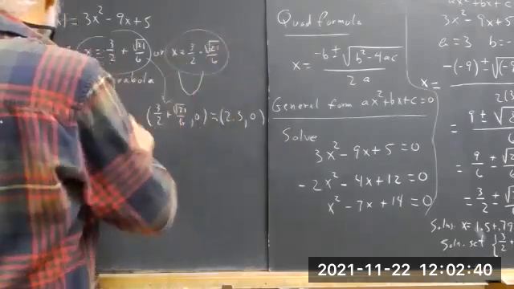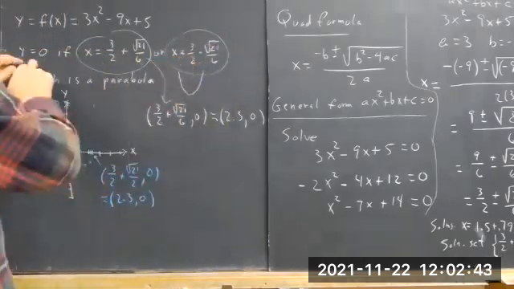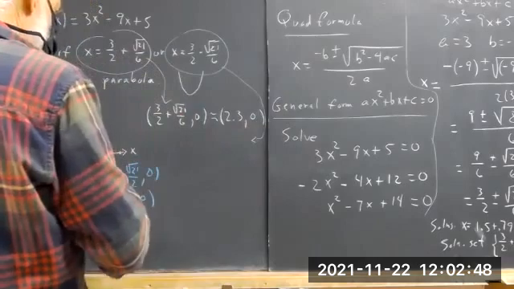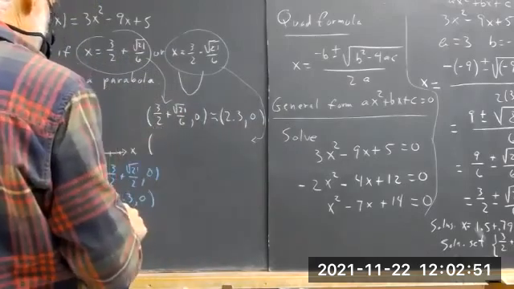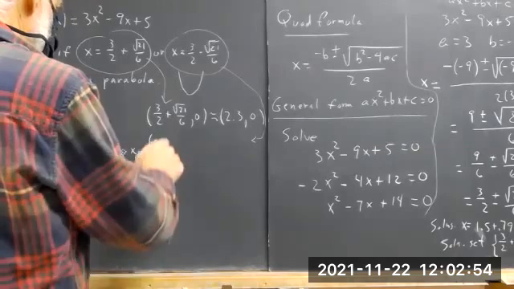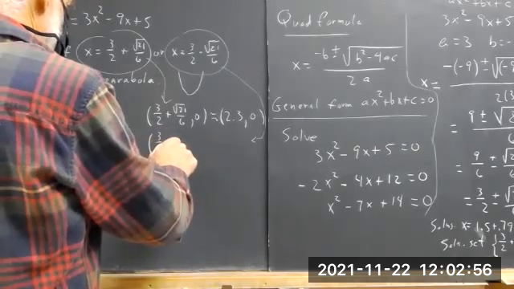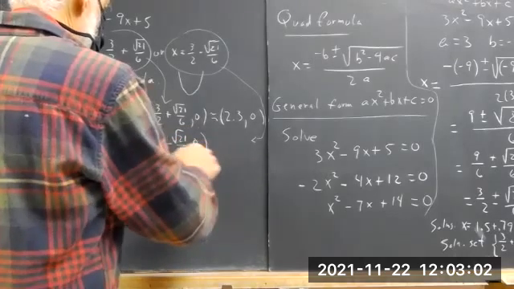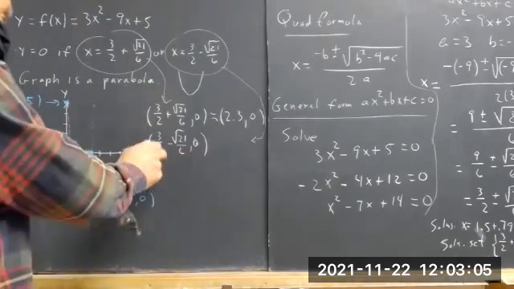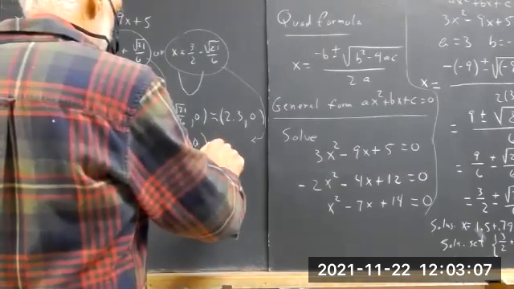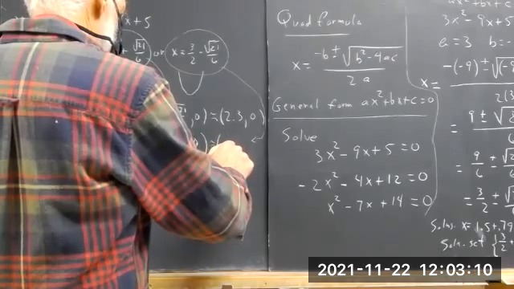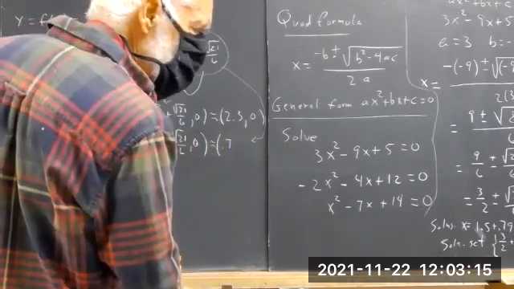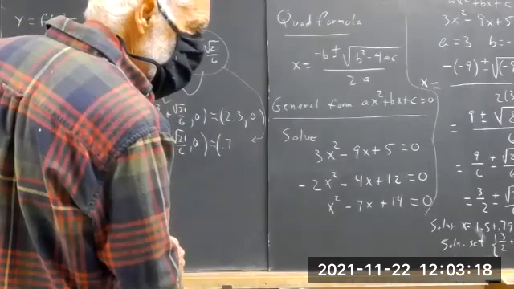This solution, look at this statement. This value of x makes y equal to 0. So this tells us that this point has to lie on the graph. And x equals this, y has to be 0. That's actually, I think I should have been 0.79.